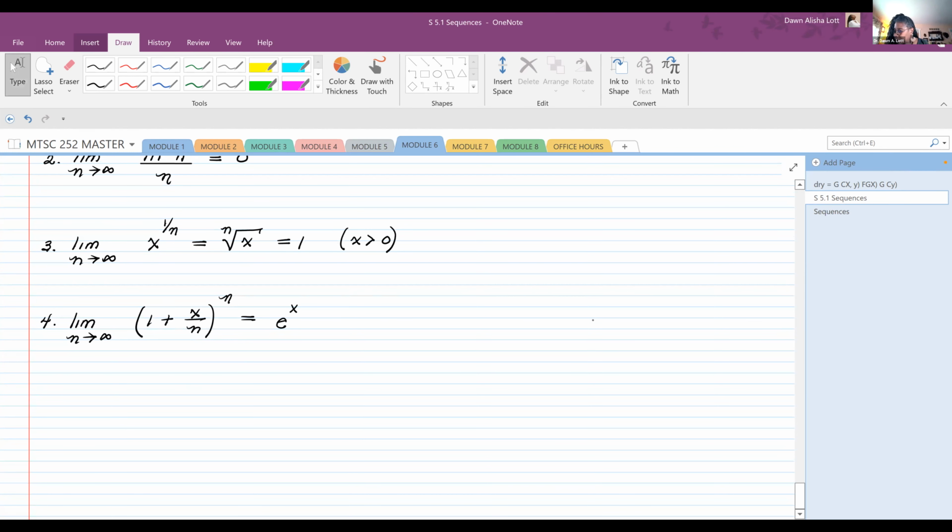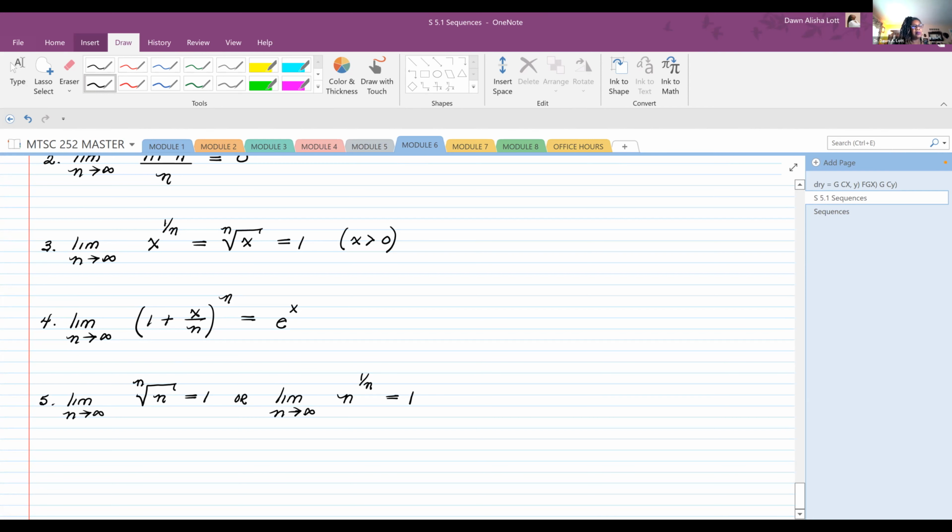Number five, the limit as n approaches infinity of the nth root of n is equal to 1. Sometimes you may see it as the limit of n to the 1 over n equals 1.